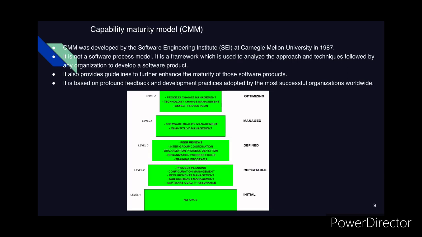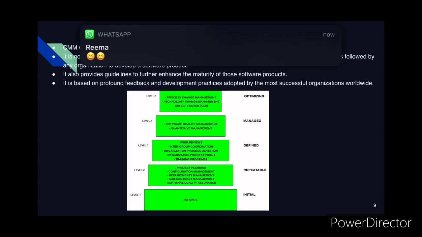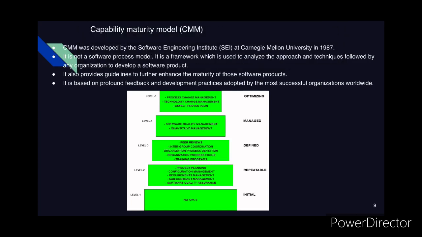It is a well defined integrated set of project specific software engineering and management processes. Now what are the KPAs used in this level? First is peer reviews, second is intergroup coordination, third is organization process definition, fourth is organization process focus, and the last one is training program.